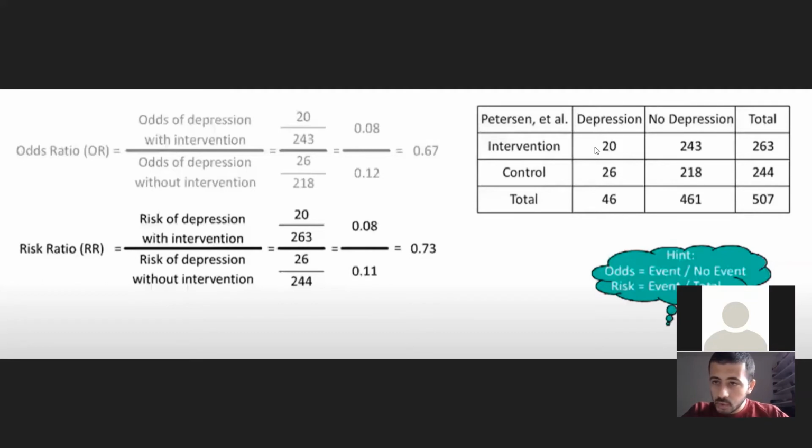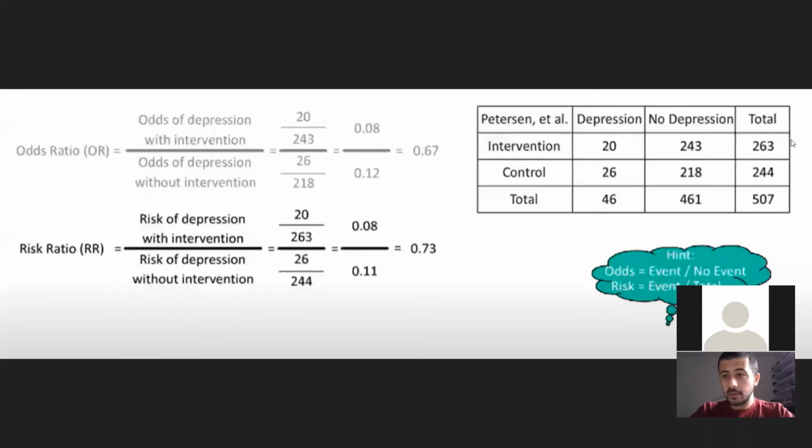Because the total in risk ratio in cohort studies represents the population, so I can take that as a risk. But when I'm talking about a case control study, I'm just talking about a probability. The probability in here and the probability in here, but the total means nothing, okay?